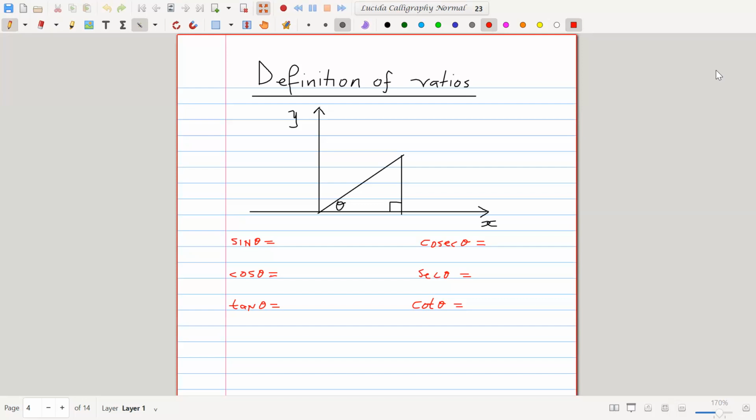So you have to actually construct a right angle triangle. That means you should have a triangle, and one of the angles of that triangle should be 90 degrees. As you can see, that's your 90 degrees there. That's why this one is regarded as a right angle triangle. It has that property of 90 degrees as one of the angles.